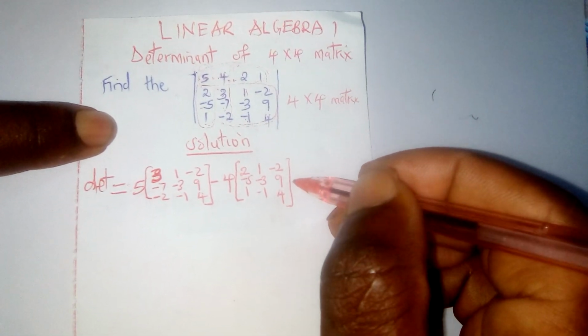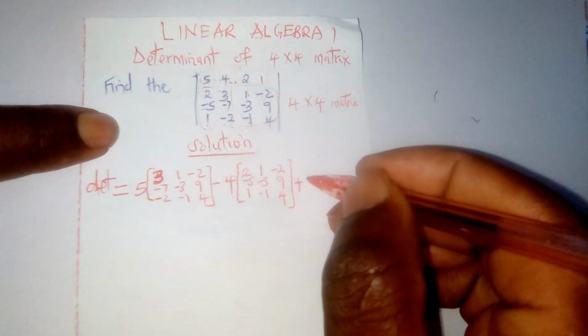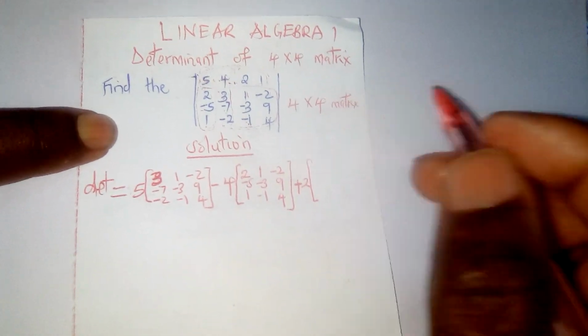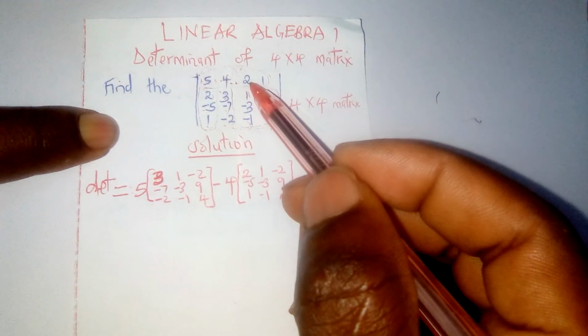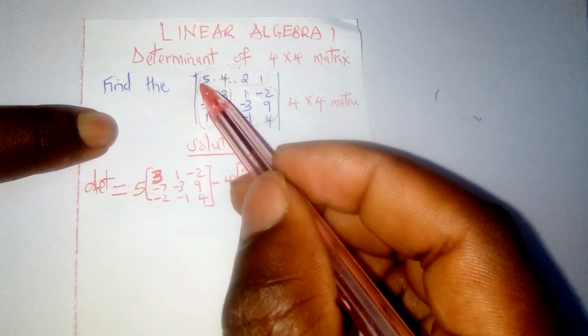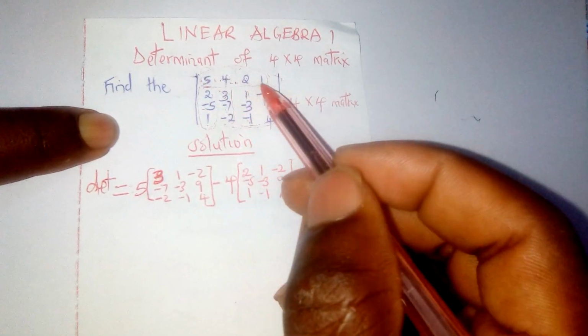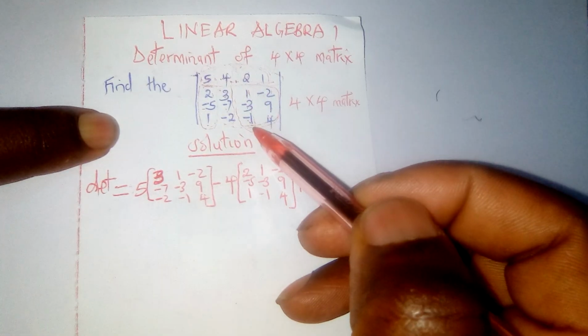Now I've told you that the sign is positive when we move to 2. Then you just write 2, put a big bracket, then go to 2 and cancel the row and column where 2 lies. So I'll start at 2. As you can see here, the row 2 lies in is 5, 4, 2, 1, and the column it lies in is 2, 1, negative 3, negative 1.